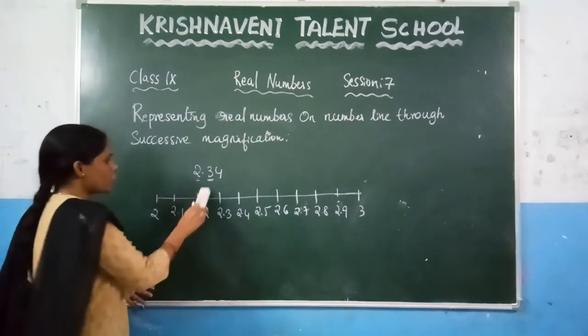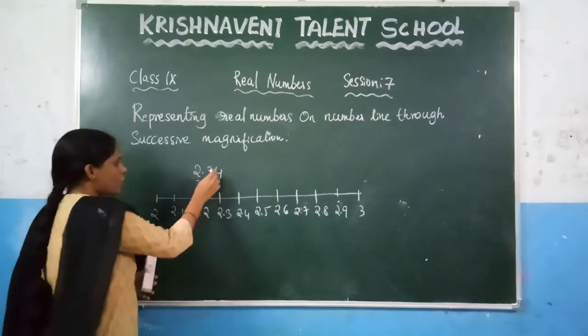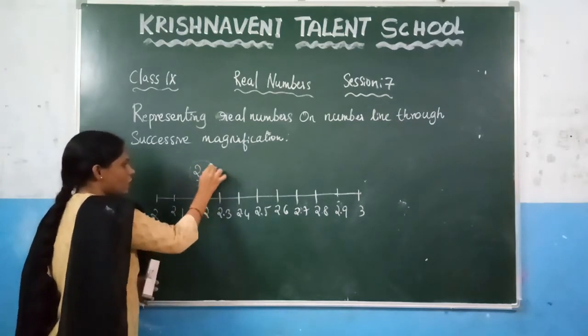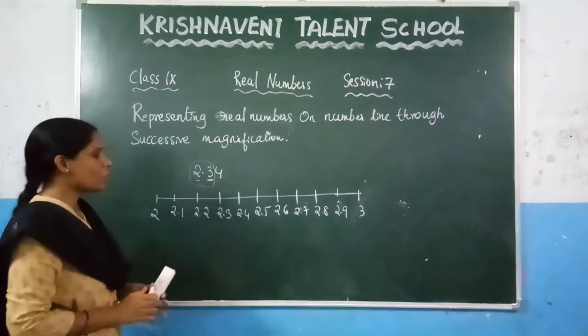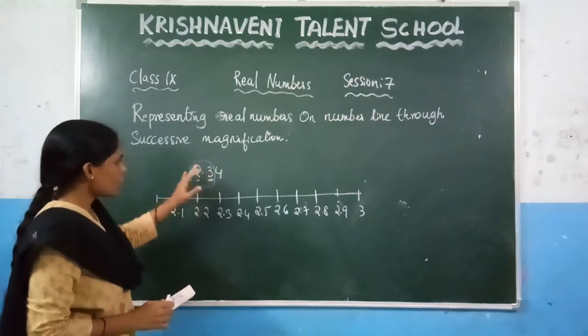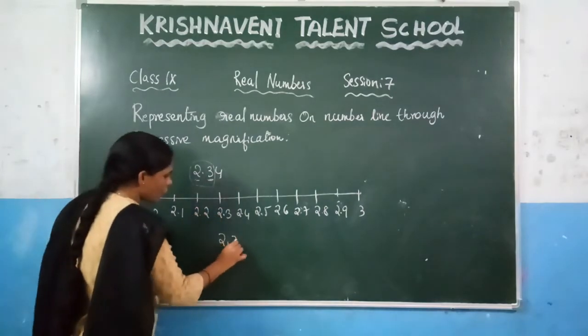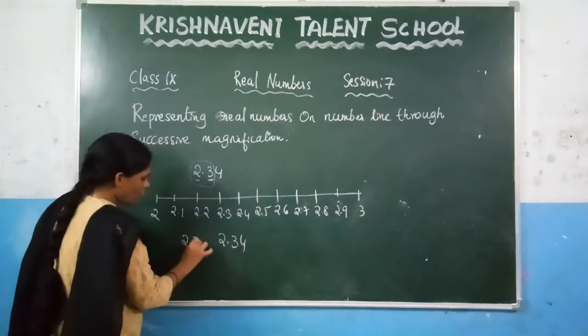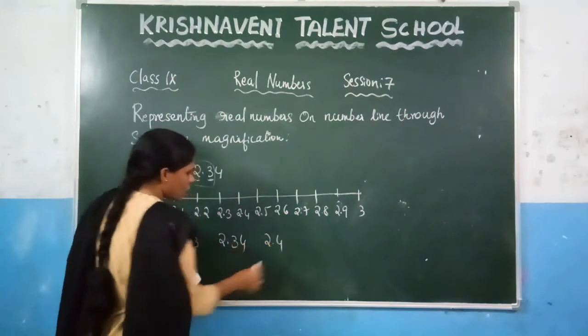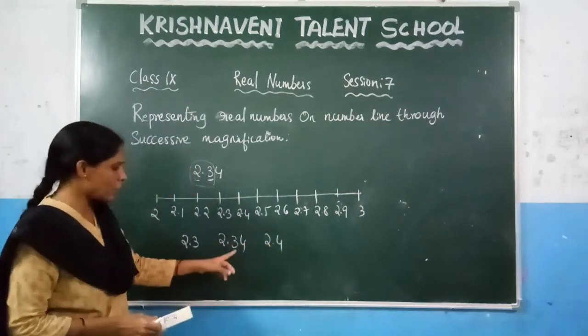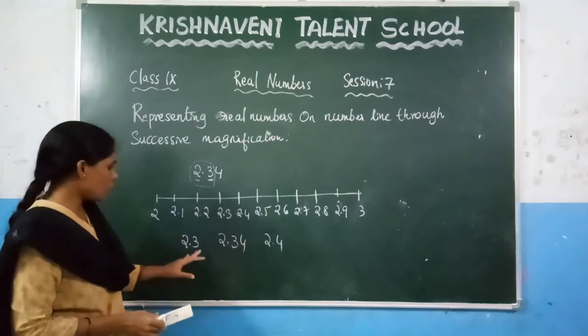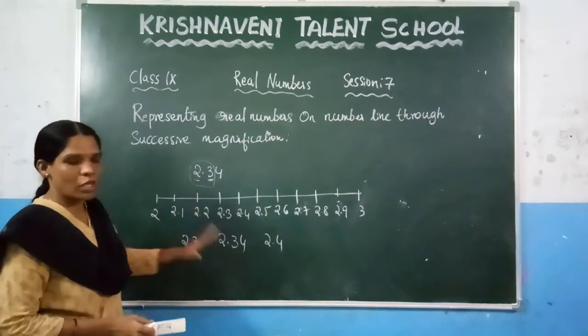After that, you need to check for the second number, altogether we will get 2.3. Now you have to check which numbers 2.34 lies between. You know that 2.34 lies between 2.3 and 2.4. In between these two numbers, you will get 2.34. So, to represent it, you need to follow the next step.